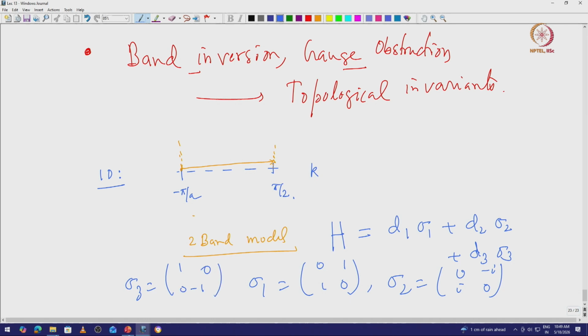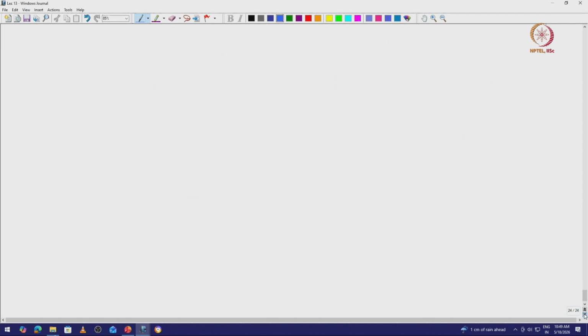So, one may wonder what happens to the diagonal term, which let me write it, then we will see. The Hamiltonian then can be written explicitly as dz, minus dz, dx minus i dy and dx plus i dy, and all of them are k dependent.